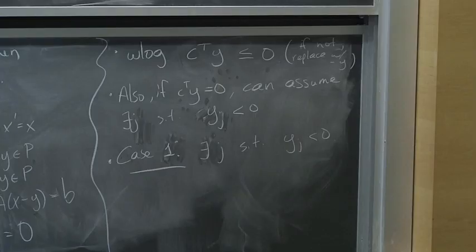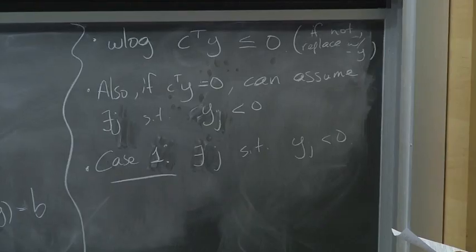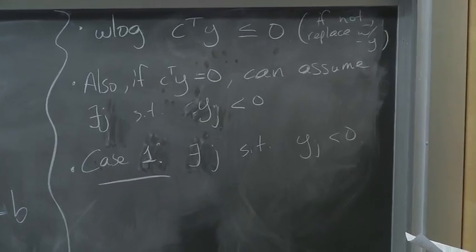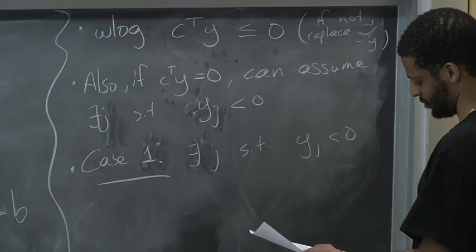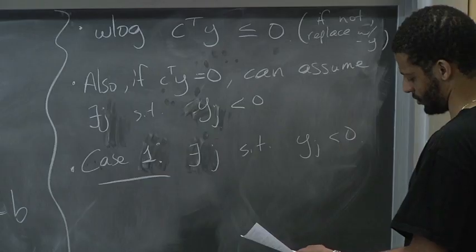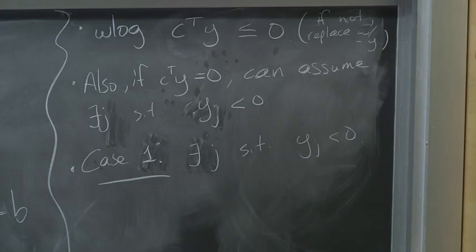I'm going to gradually increase that variable. Yj is negative, not CjYj, just Yj.